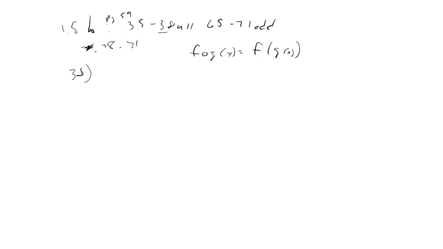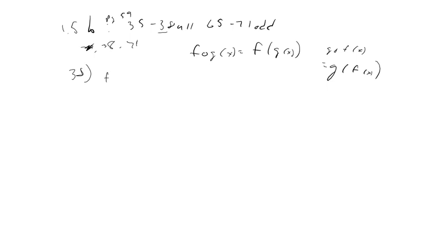You have an outside function, then an inside function. F of g, f is the outside, g is the inside. Or you can have g of f of x, where g is the outside and f is the inside function. So these are two ways we can see the composition of functions.